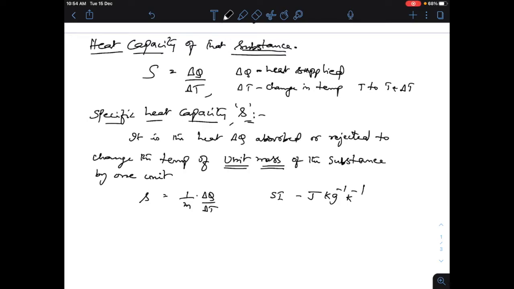So it is a property of the substance which determines the change in temperature of the substance without change in phase. That means there is no change in phase. So that is important here. That means there is a change in temperature with respect to specific heat capacity without phase change.